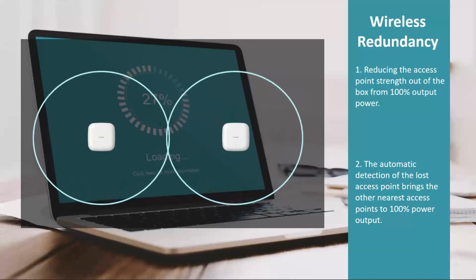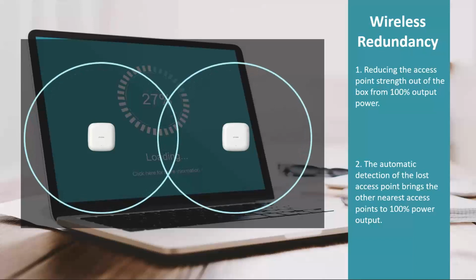If you're unfortunate enough to be in that middle, the other 2 access points power up, so they increase their strength and broadcast. So the person in the middle has an access point available to them to carry on with wireless redundancy.